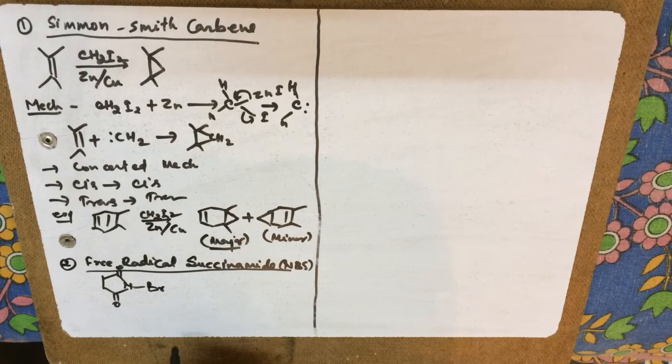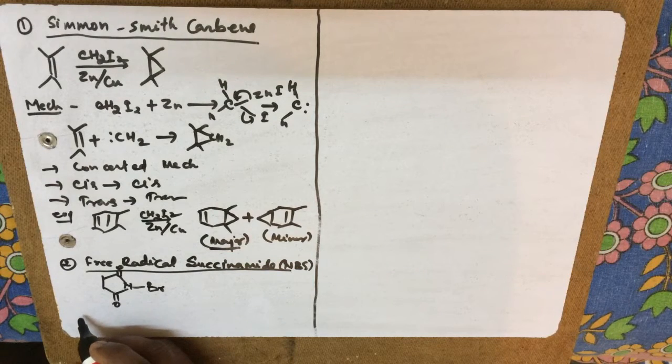So how does it form the radical? It basically forms radicals by following 3 steps.